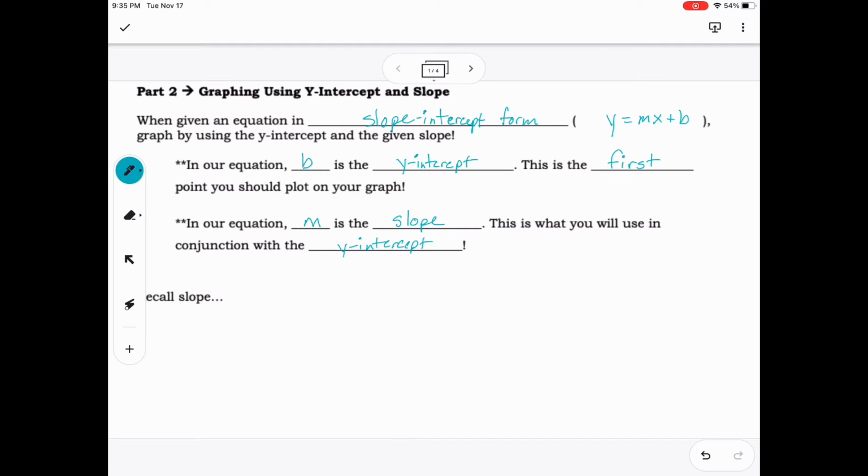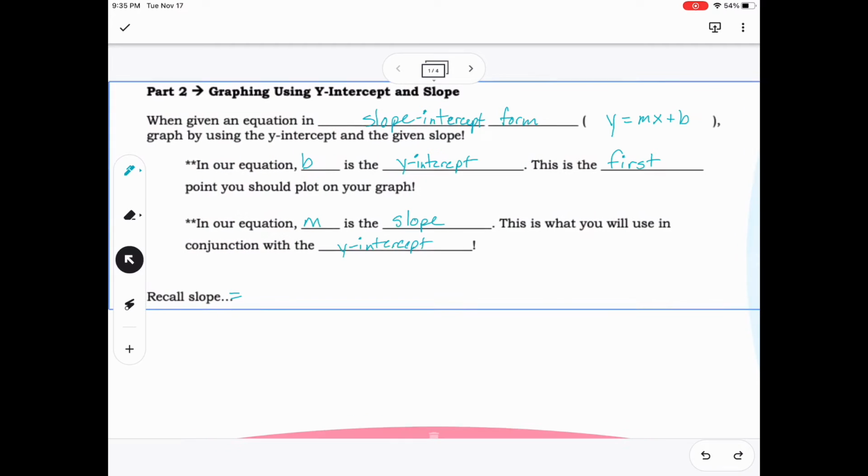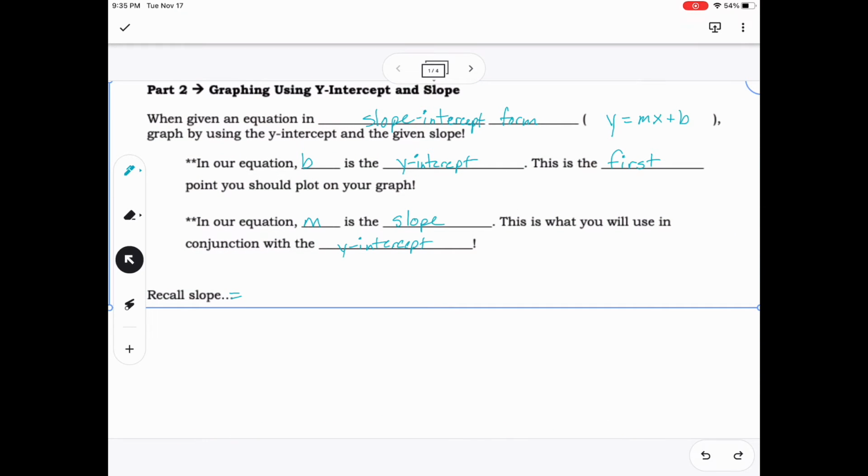So we use our slope to help us get the second point to help us graph our line. Recall that slope is rise over run, and that's what we'll be using here to help us out.